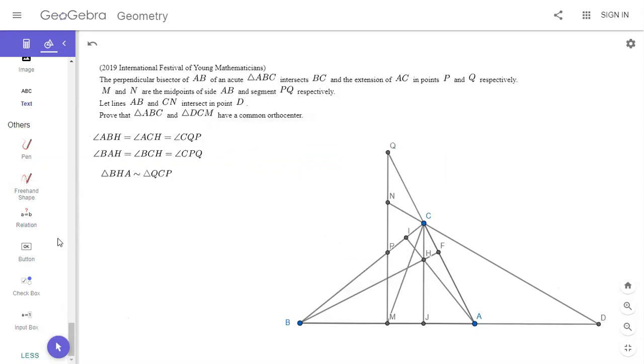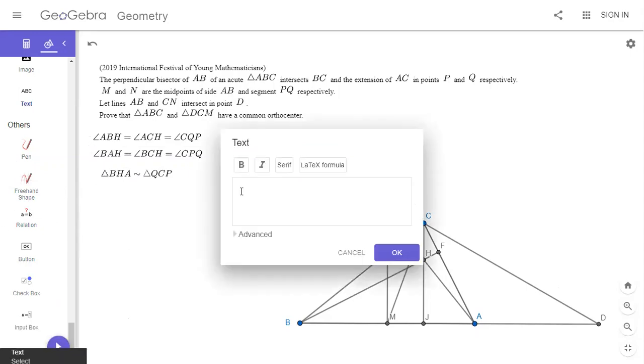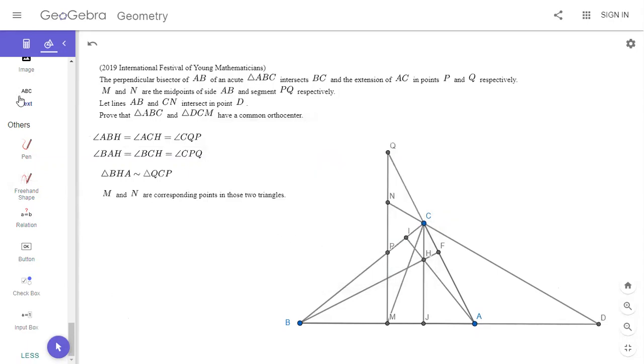And M and N are corresponding points in those two similar triangles. And so once we know that, hold on just a second.